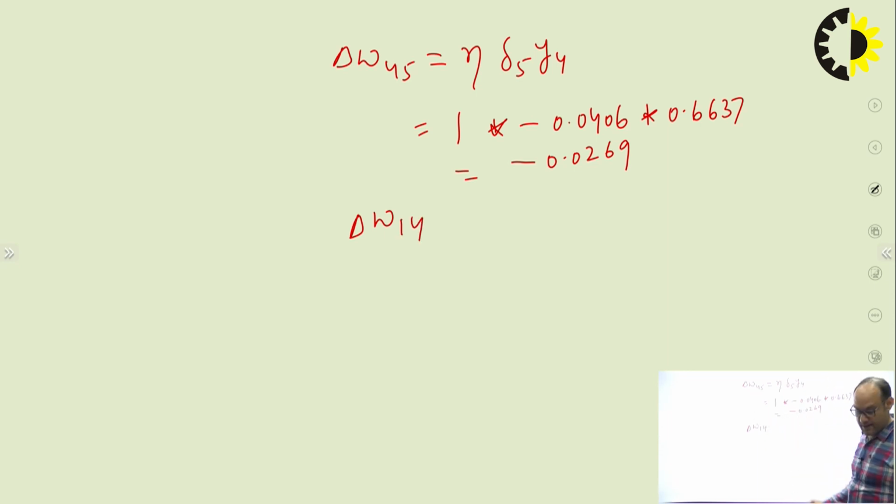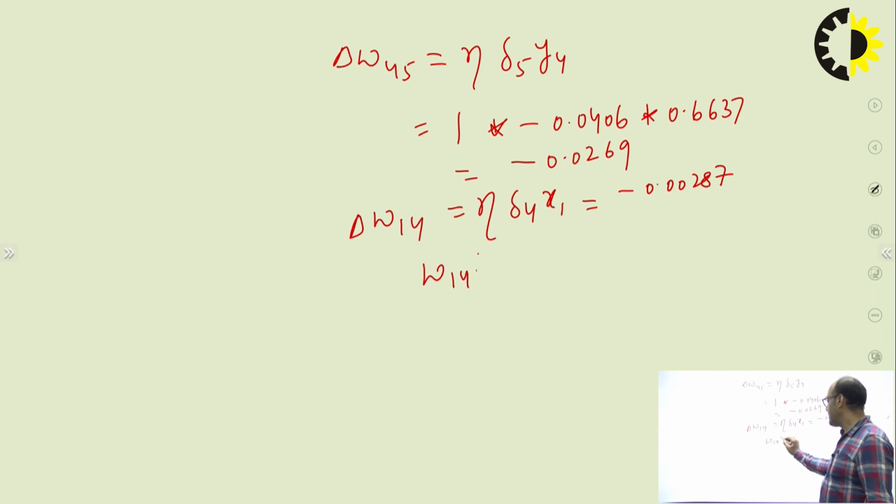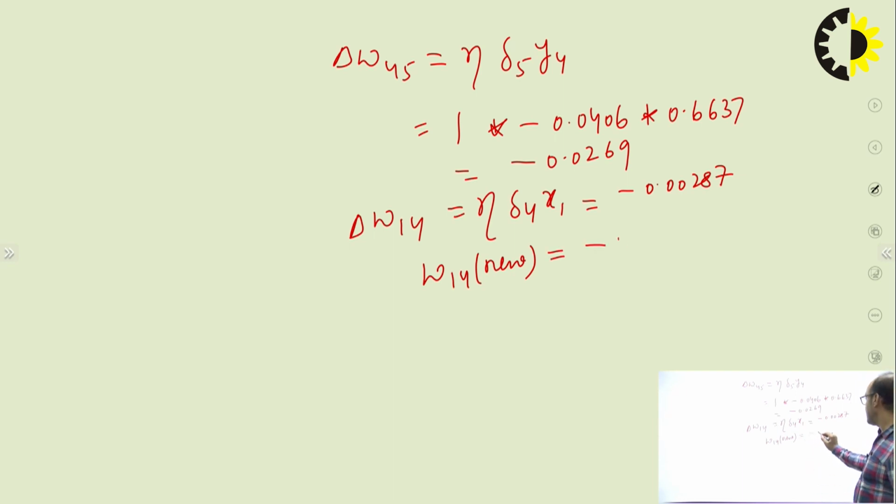Similarly, the weight from input to hidden unit, delta W14, will be calculated as eta, delta 4 and x1. After putting in the values I will get minus 0.00287. The new weight will be the old weight plus delta W14, so minus 0.00287 will be added to the old weight.